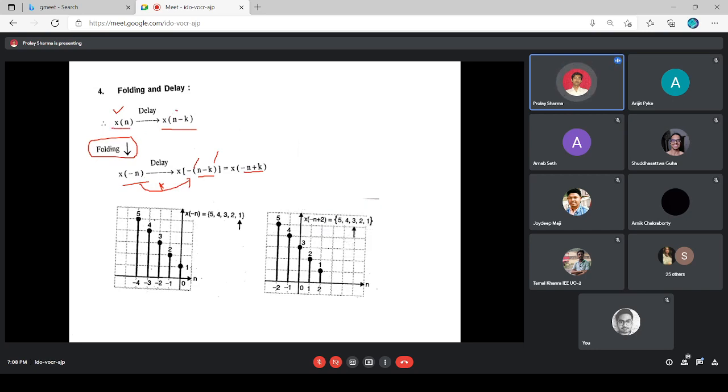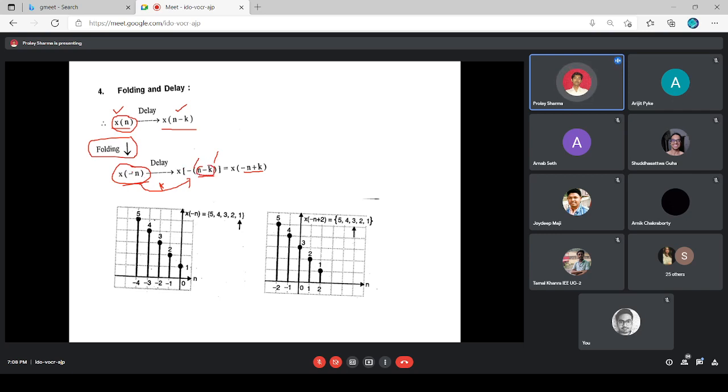Now, if x[n] is the signal and the signal gets delayed, then the expression is x[n-k]. Now this signal is being folded. After folding, the signal is x[-n]. Now we want to give a delay, we want to shift the signal. So shifting will be done only on n.